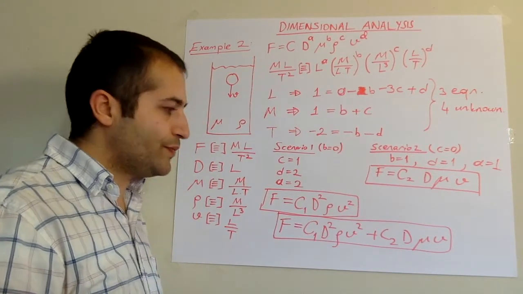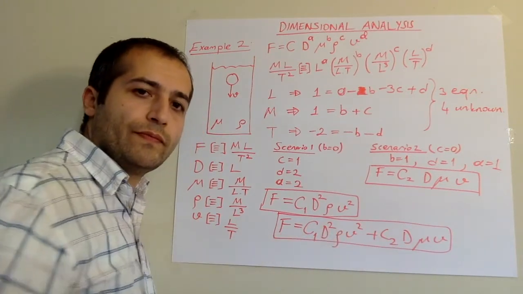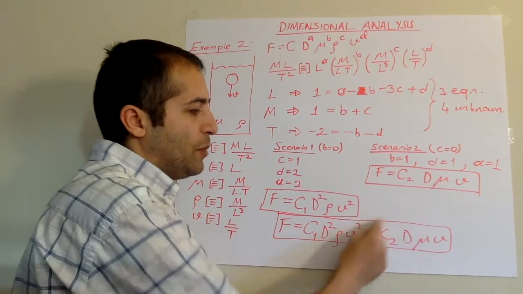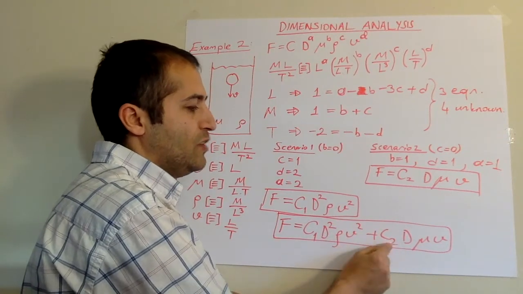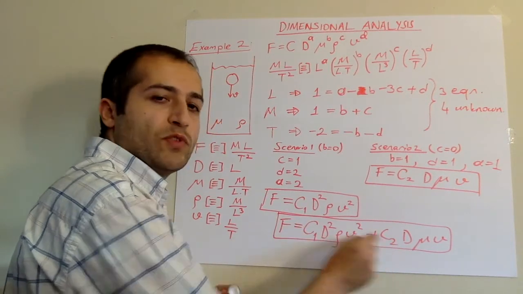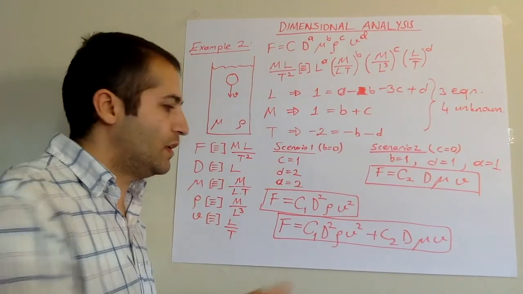Which means that depending on the contribution of these two terms, this equation might still be true. You can take C1 equal to 0 and come up with only this formula. You can take C2 equal to 0 and come up with only this formula. Or you can put non-zero terms for C1 and C2, and you can find a linear combination of these two terms.